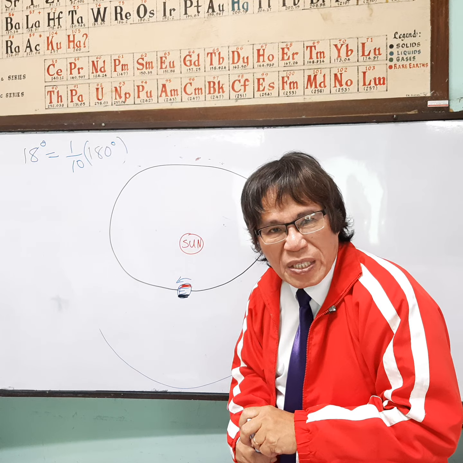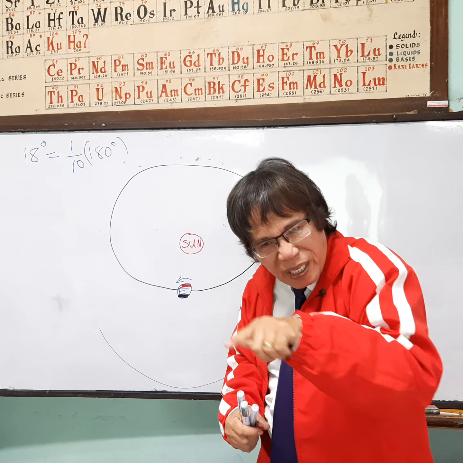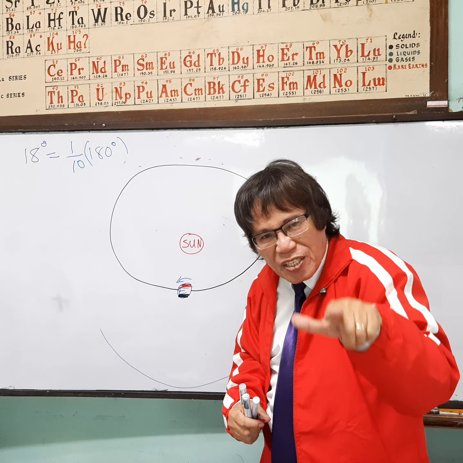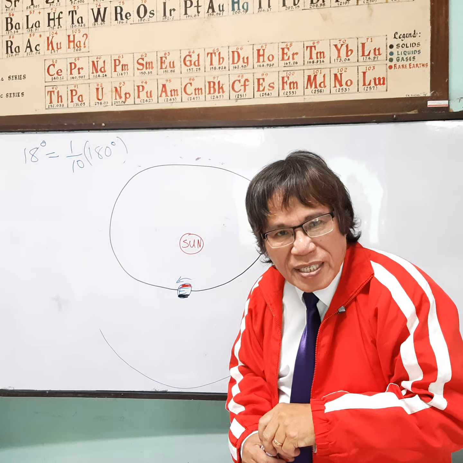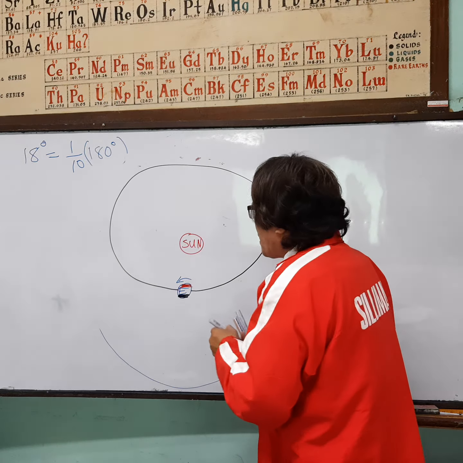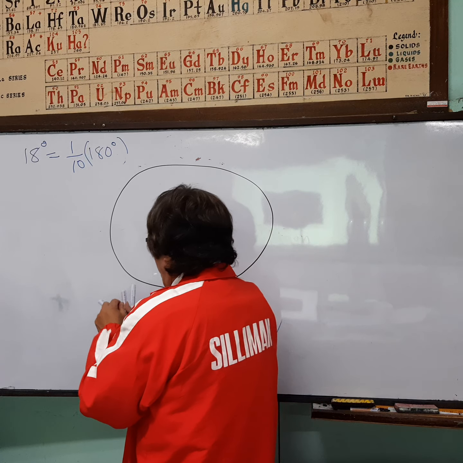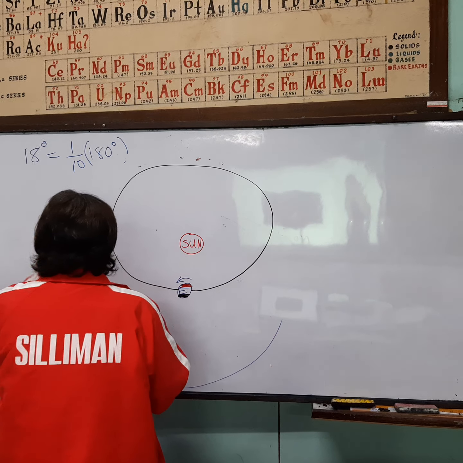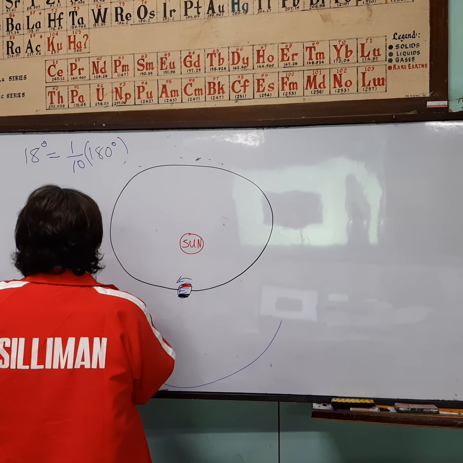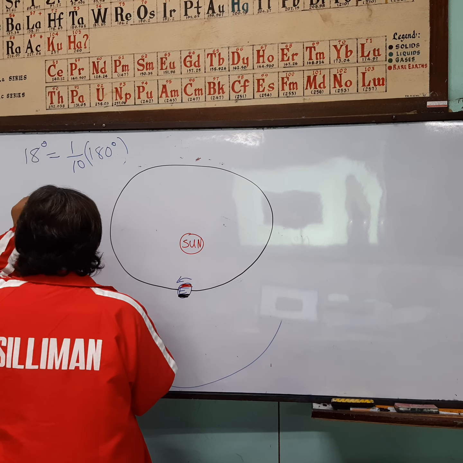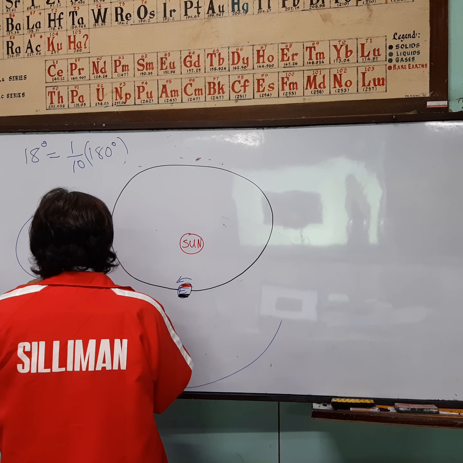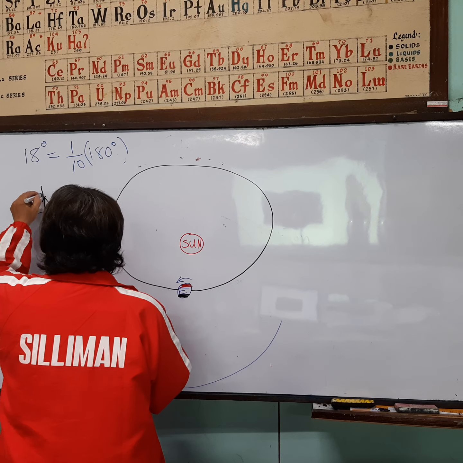And what is the speed to rotate on its axis? The axis here referred to is the south-north axis, because it has an axis. If this is the earth, if we draw a line, this is south and this is north.